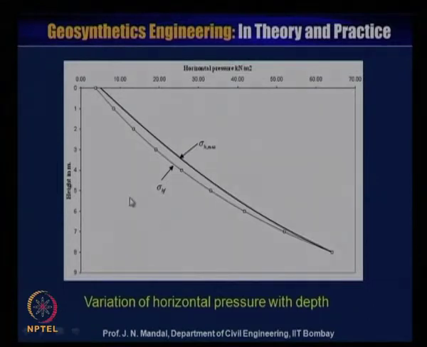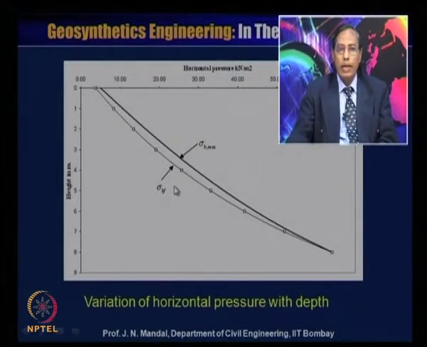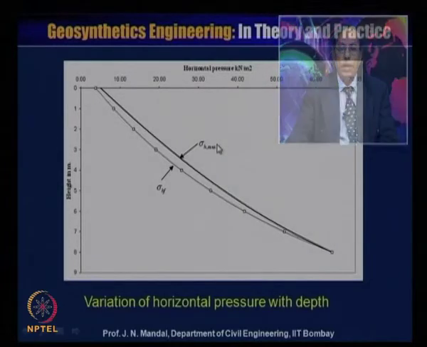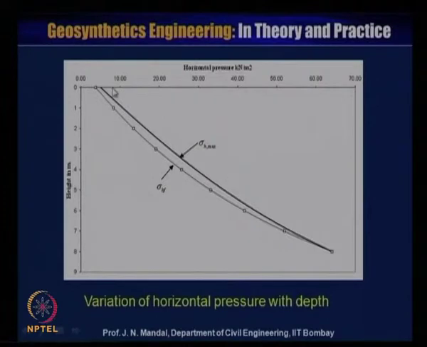So sigma H at the facing is less than sigma H maximum. So you can determine what should be the maximum pressure and what should be the pressure acting at the facing. This figure shows the variation of the horizontal pressure with the depth.